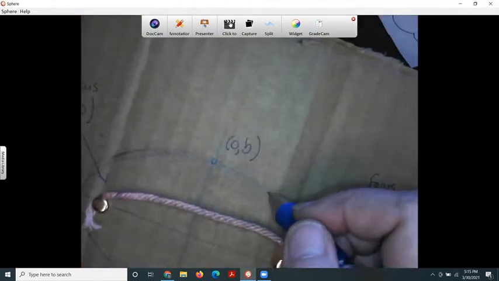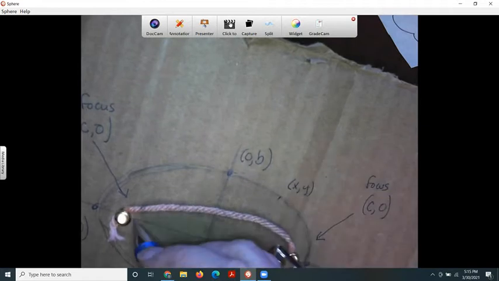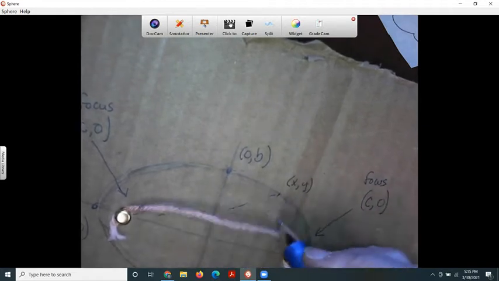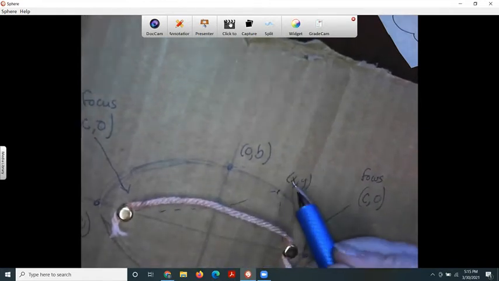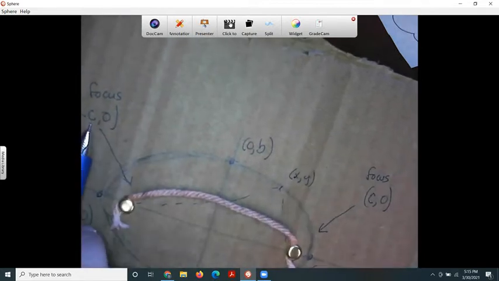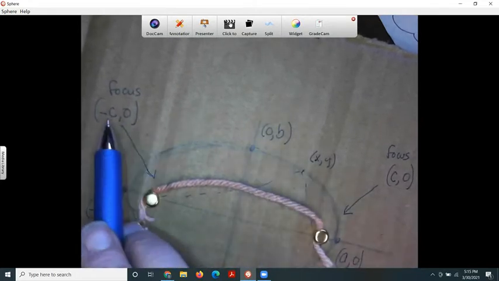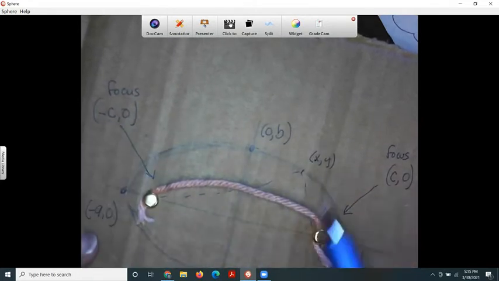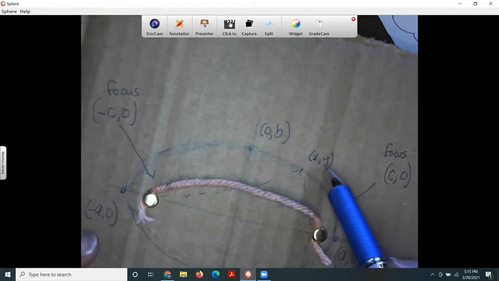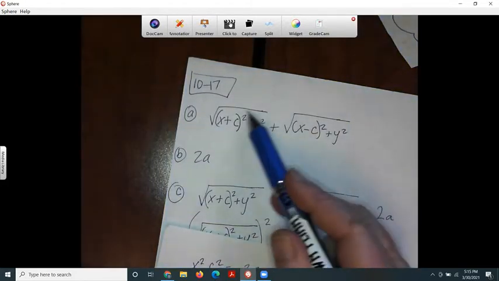So like x minus negative c, because see, it's like x2 minus x1, and then y2 minus y1, and that's where this came from.